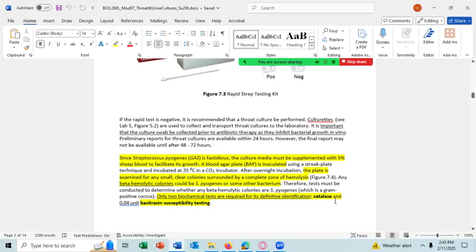Only 2 biochemical tests are required to definitively isolate Streptococcus pyogenes if it causes beta hemolysis on a blood agar. We run the catalase test and then the bacitracin susceptibility test.